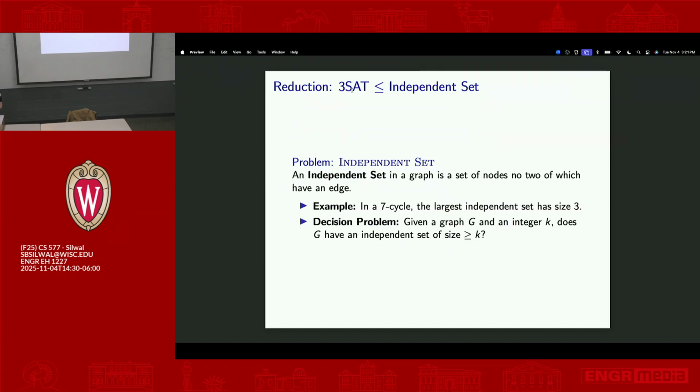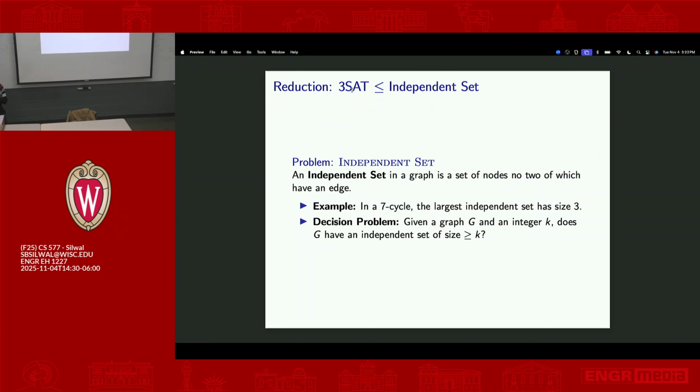And it turns out 3SAT is reducible to independent set. If I can solve independent set, then I can get an algorithm for 3SAT. That's what we're going to show. First, is it clear why independent set is in NP? It's a yes or no problem. What is the verifier?